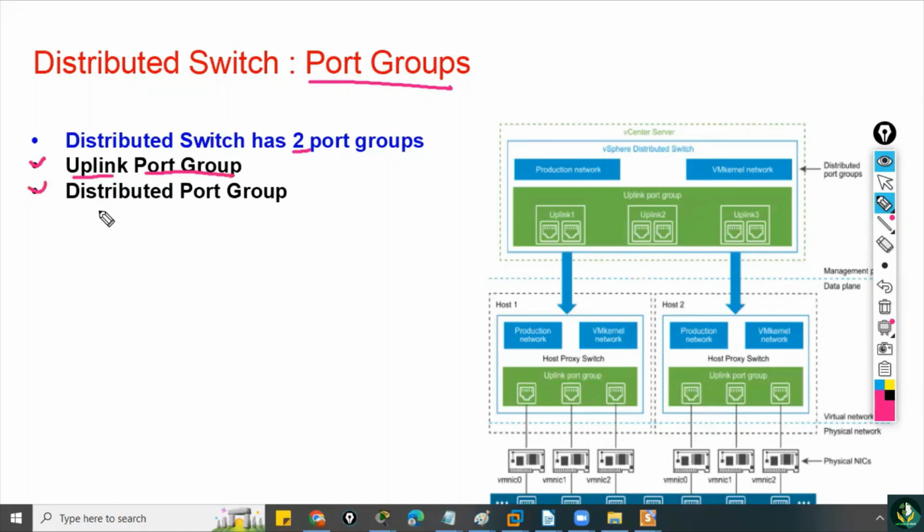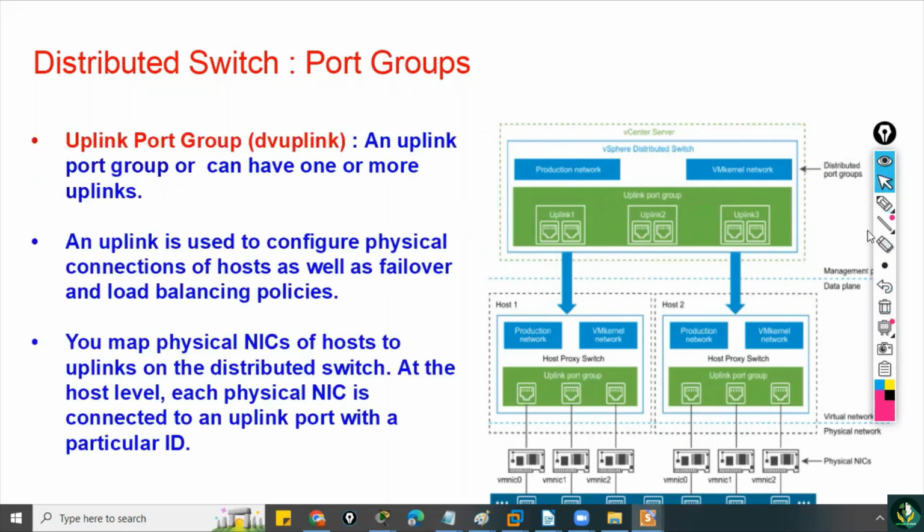Another port group is known as distributed port group. We'll discuss about this uplink port group and distributed port group. So this is the distributed switch, and inside this distributed switch we have uplink port group and distributed port group. Let us discuss about these two port groups.